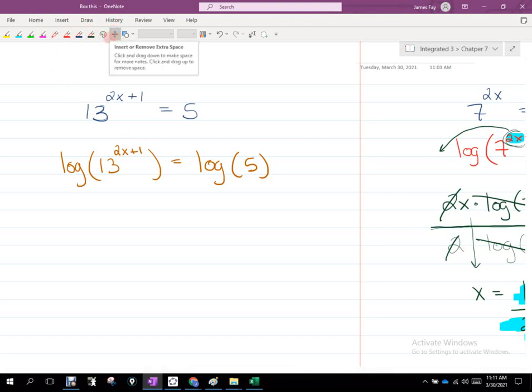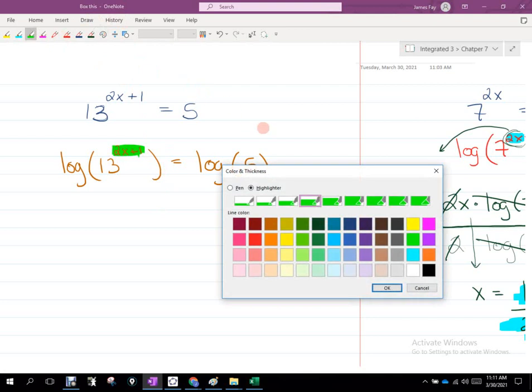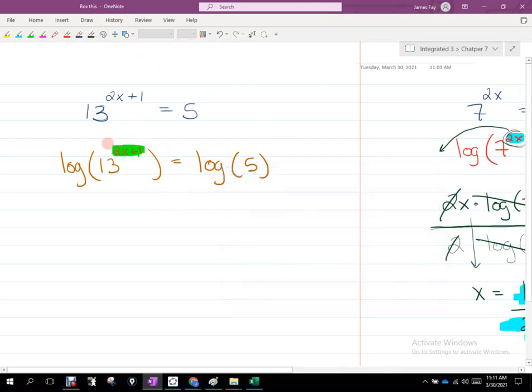Now, that's my exponent, right? That 2x plus 1 is what's going to come out in front. Okay, and when my exponent, would you guys agree that that's a quantity? That's multiple things added together? When I bring that out in front, I'm going to put it in parentheses.